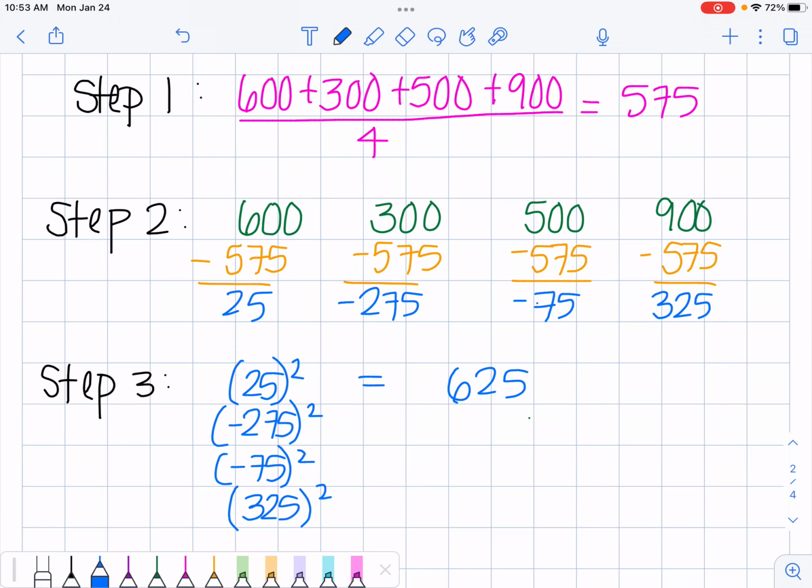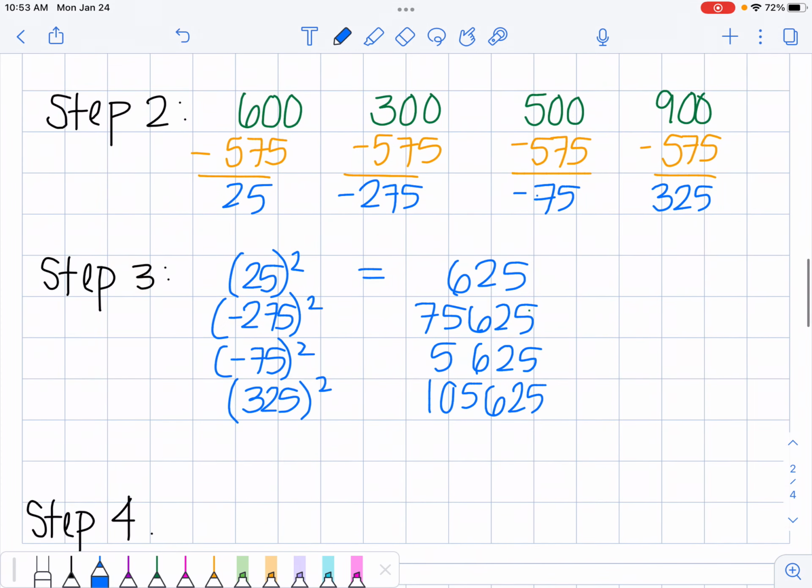Negative 275 squared is 75,625. Negative 75 squared is 5,625. And 325 squared is 105,625.